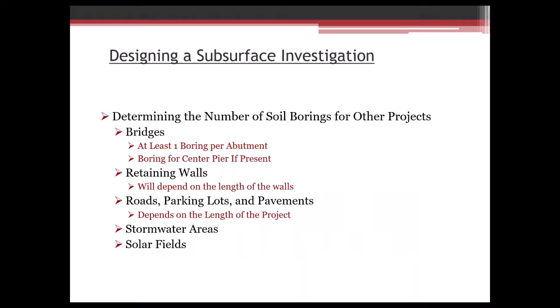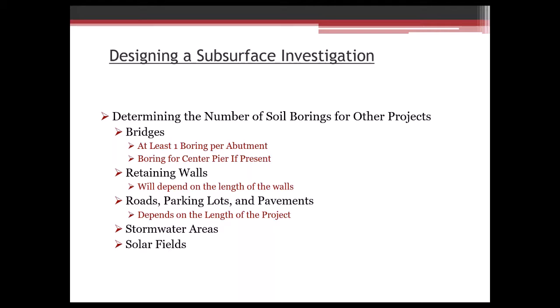Some of the other types of projects we do soil borings for is bridges. Generally, the number of borings we do for a bridge depends on the type of bridge that it is. We like to see at least one boring per abutment. If there's a center pier present, we also try to do a boring for that, whether it be through the existing bridge deck or even from a barge mounted system in the water.